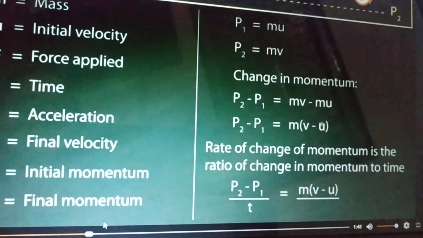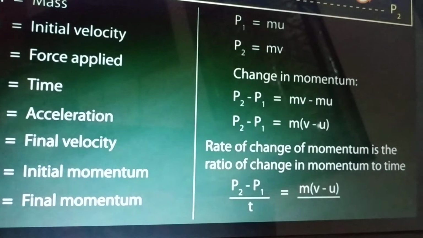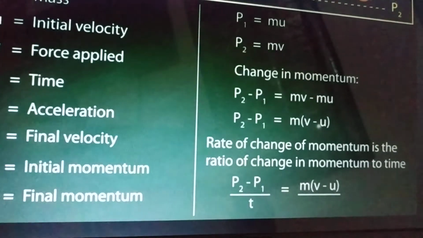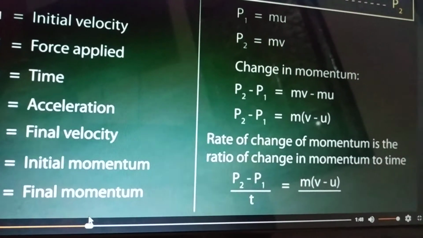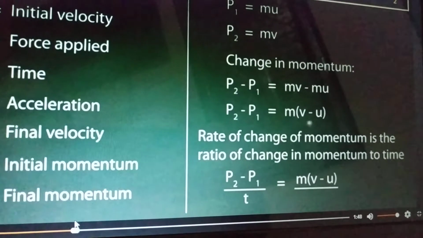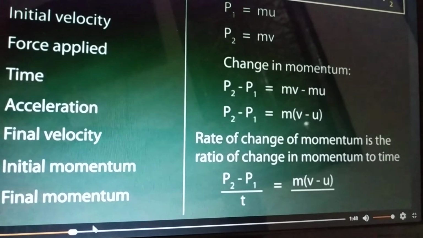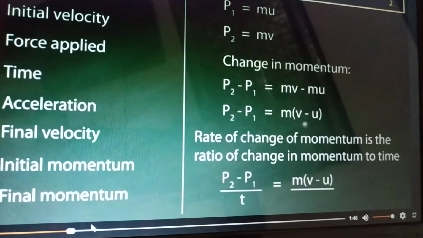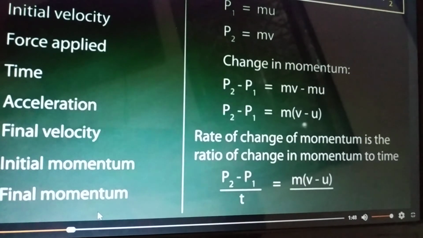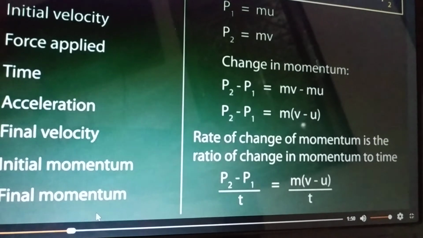So we get p2 minus p1 divided by t is equal to m into (v minus u) divided by t, right?